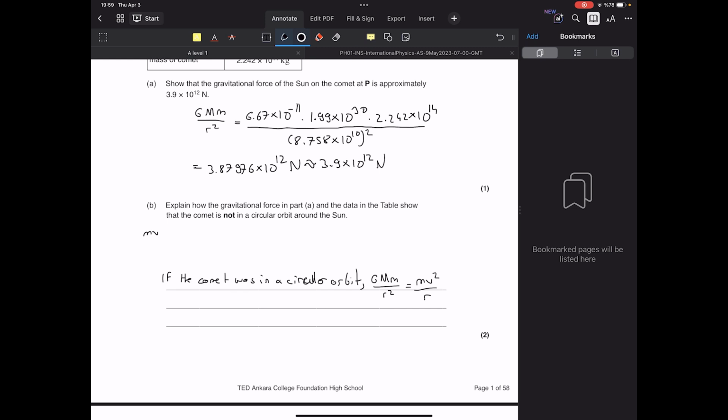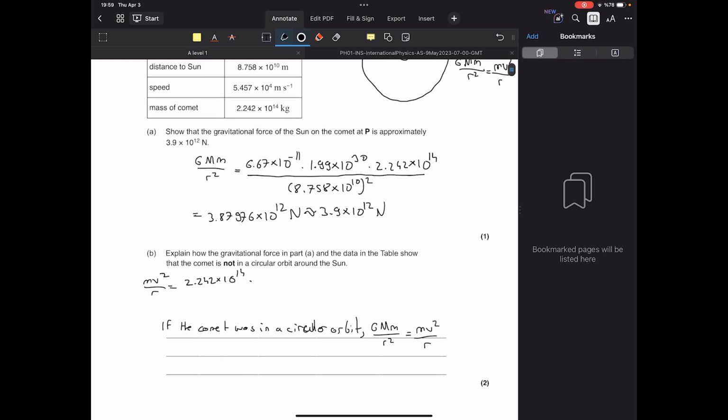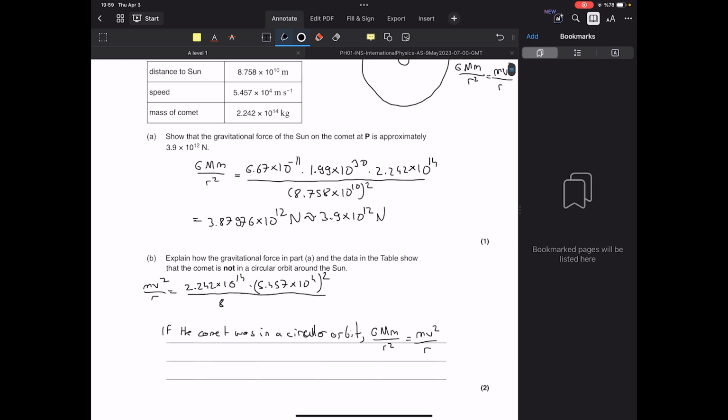So mv squared over r is going to be the mass of the comet, which is 2.242 times 10 to the 14, times the velocity of the comet squared. So that's 5.457 times 10 to the 4, squared, divided by the distance to the sun, which is 8.758 times 10 to the 10.